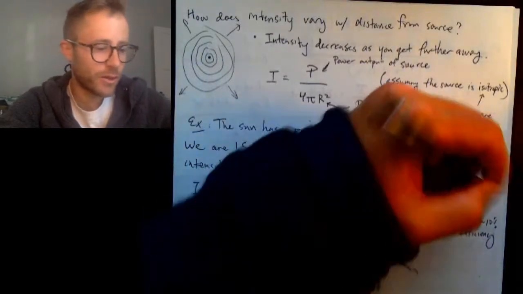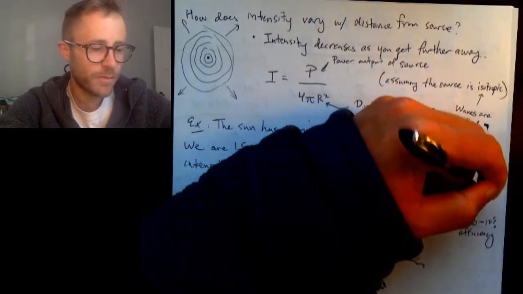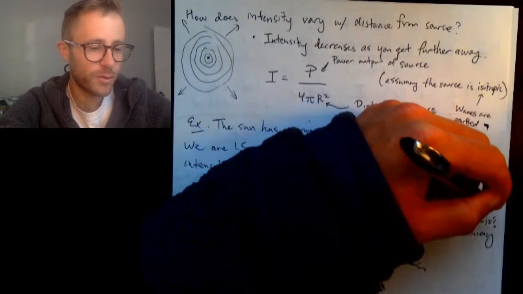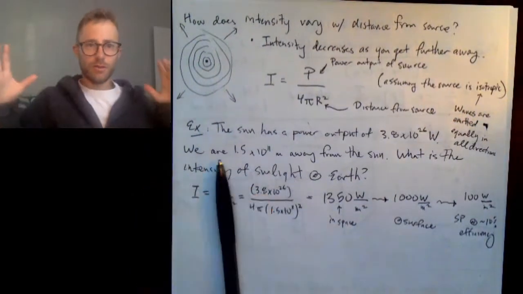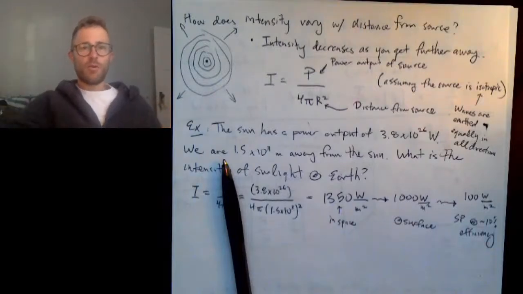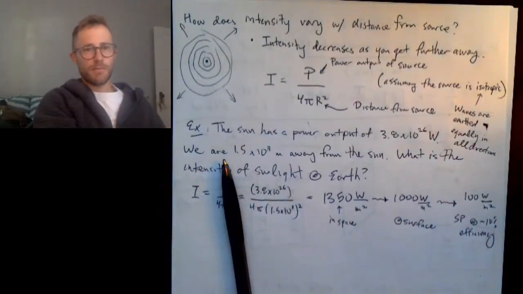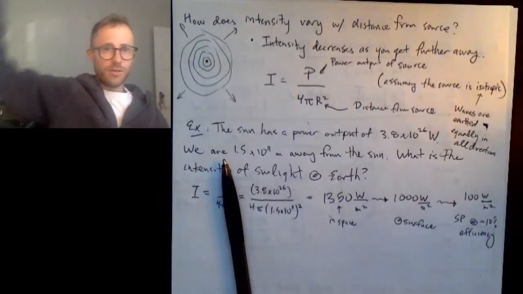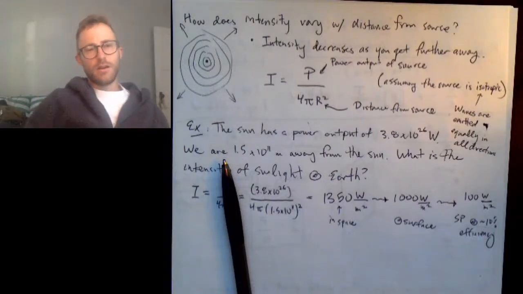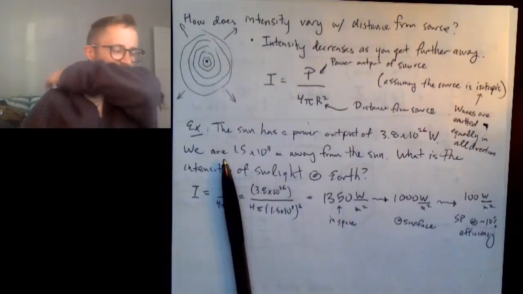And so solar panels have a power output of about 100 watts per meter squared. All right. So if you have a solar panel that's 1 meter by 1 meter, it's going to produce around 100 watts, maybe a little more, depending on the efficiency. And of course, that also depends on the time of day. Is the sun directly overhead, or is it at an angle? And it depends on the weather. Is the solar panel clean, etc.